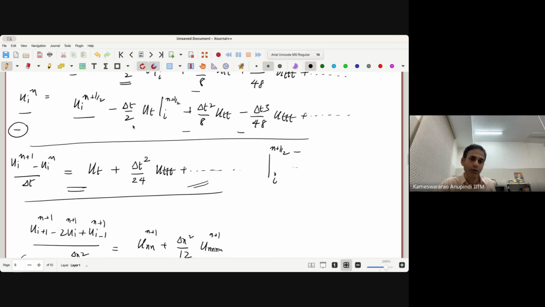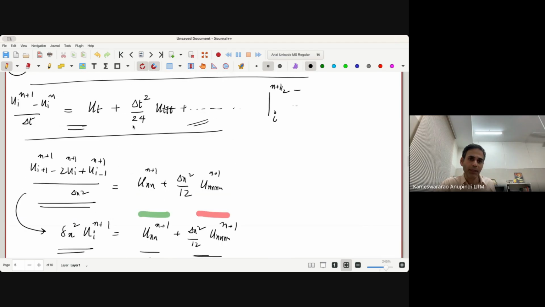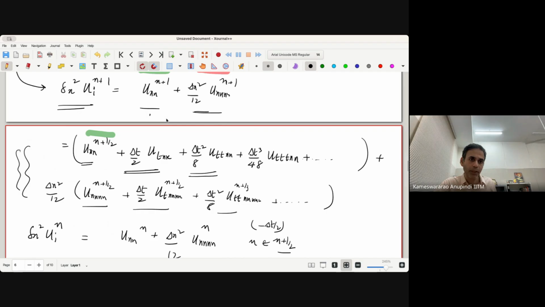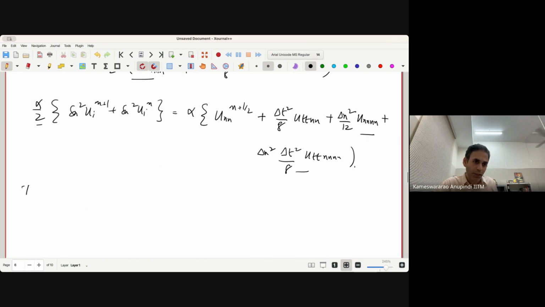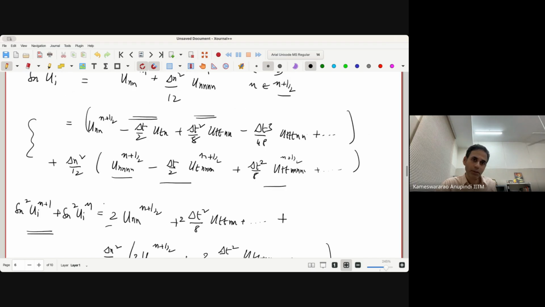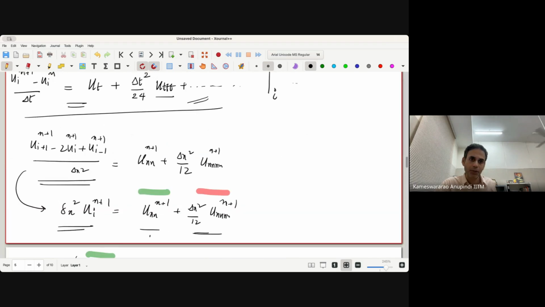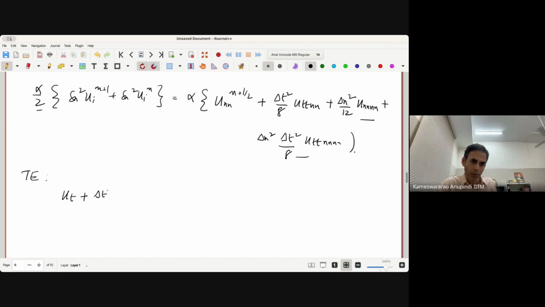So I can write for the total truncation error ut plus delta t square by 24 u triple t. So the truncation error is going to be ut plus delta t square by 24 u triple t, and then minus alpha times uxx.